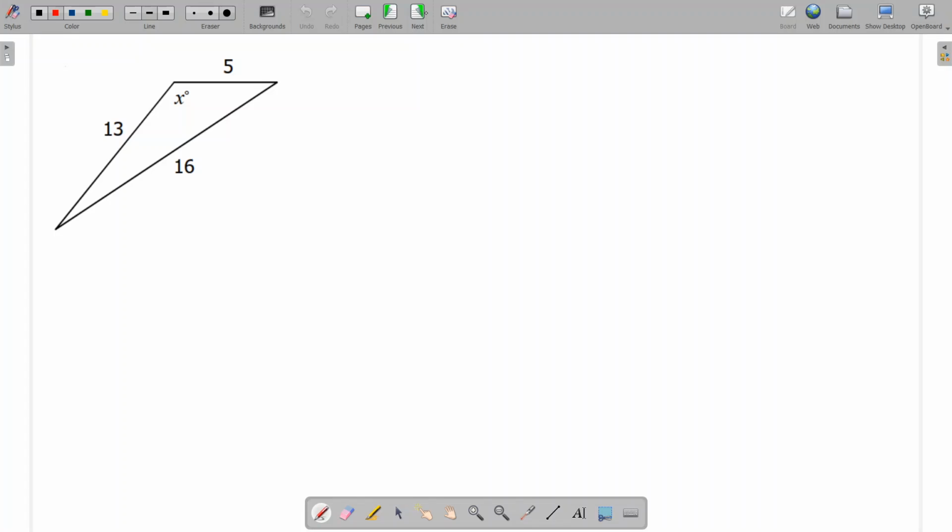All right, so again, find the angle you're looking for and its matching side. That's probably the most important thing you can do before you set up your equation. So now I'm going to do 16 squared is equal to 13 squared plus 5 squared minus 2 times 13 times 5 times cosine of that missing angle x.